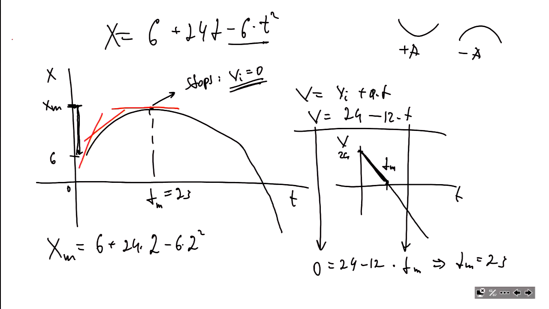So velocity decreases to 0, slower and slower, but after that, it travels faster and faster and faster. This is an illustration of how equations, graphs, motion diagrams, and everything that's happening are related to each other.